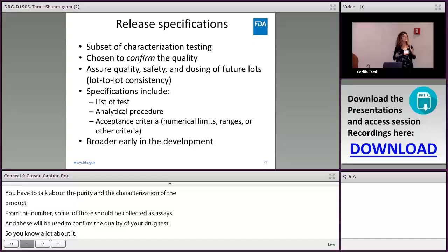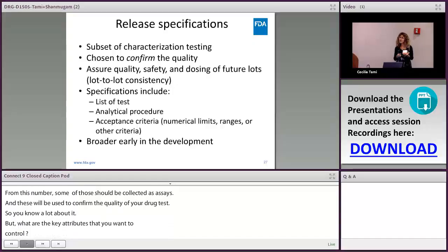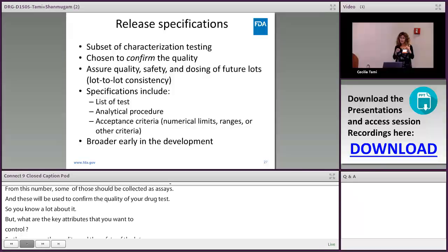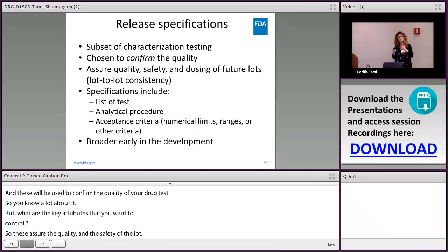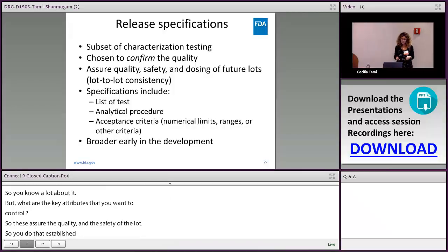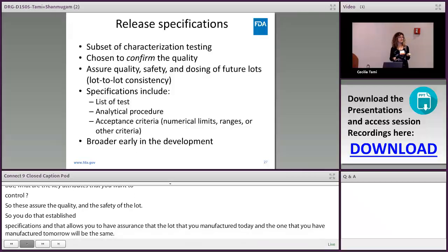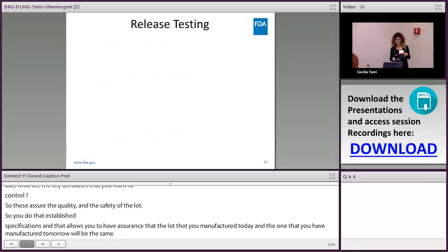So you establish specifications at release, and those specifications allow you to have assurance that the lot that you manufacture today and the lot that you are going to manufacture tomorrow are going to be comparable. When we refer to specifications, this includes the method and the acceptance criteria that you are going to test against.